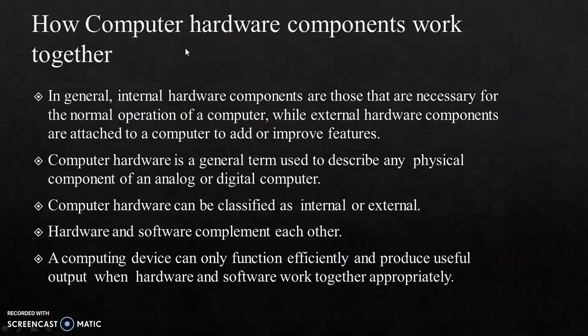How computer hardware components work together. In general, internal hardware components are those that are necessary for the normal operation of a computer, while external hardware components are attached to a computer to aid or improve functionality.